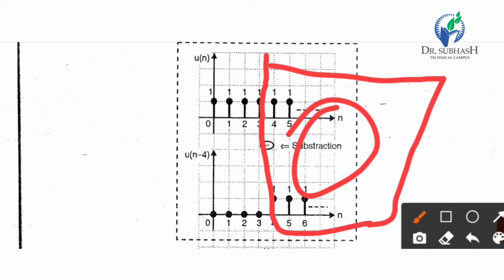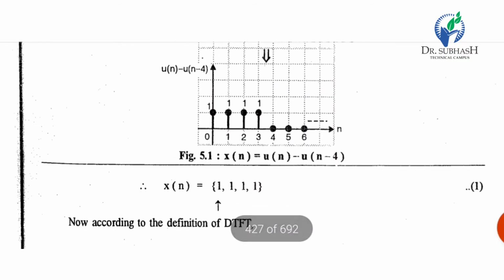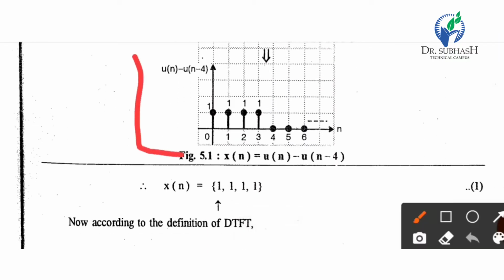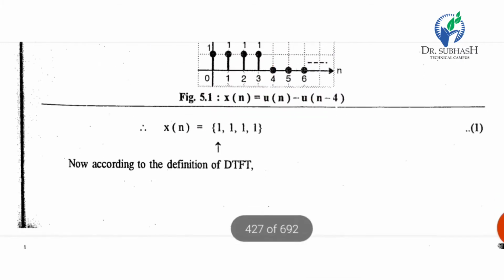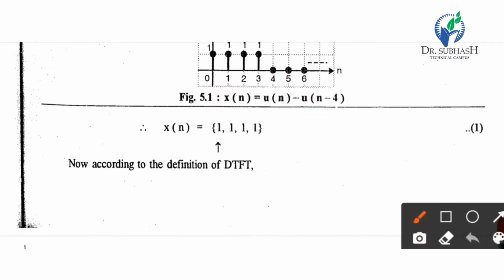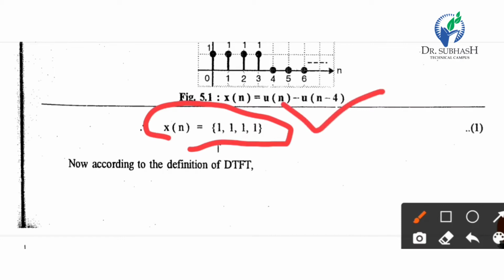So u of n minus u of n minus 4 will be 1 for 0 to 3, and the magnitude is 1. So x of n equals 4 times 1, and the arrow indicates the first one at the origin, or 0. So now we have x of n after subtracting u of n minus 4 from u of n.